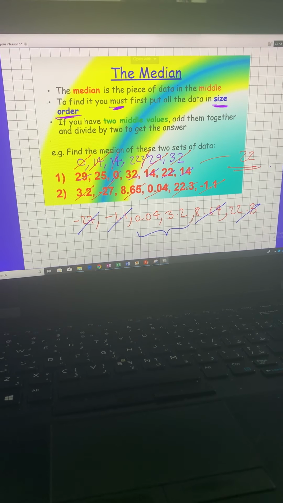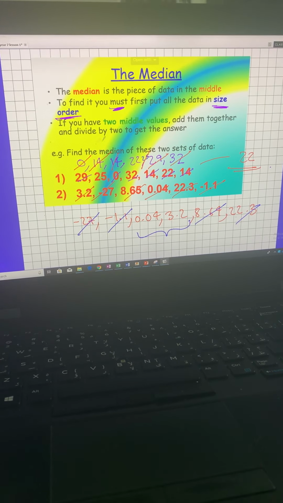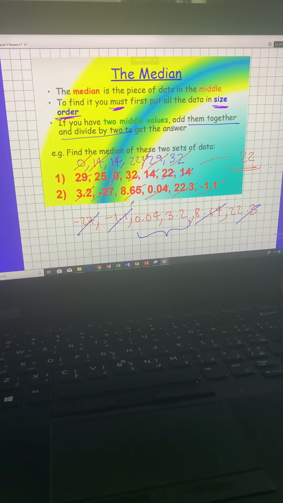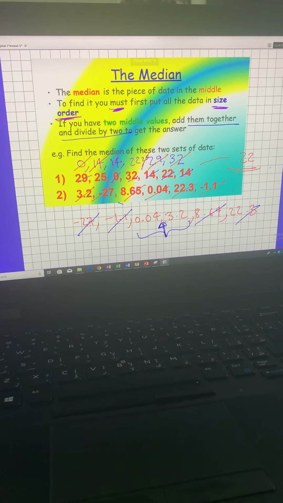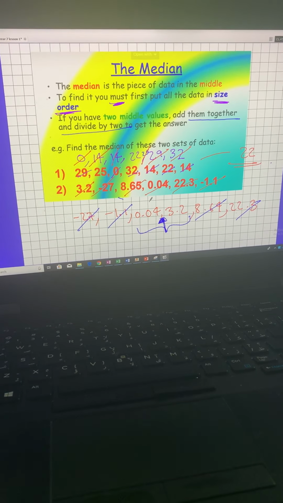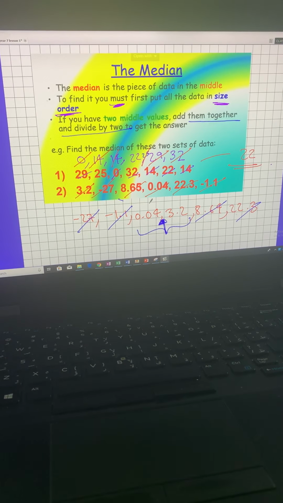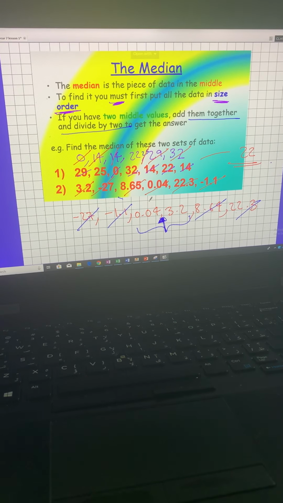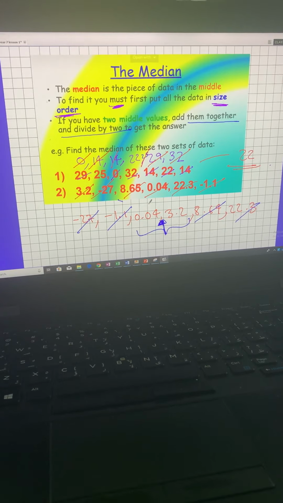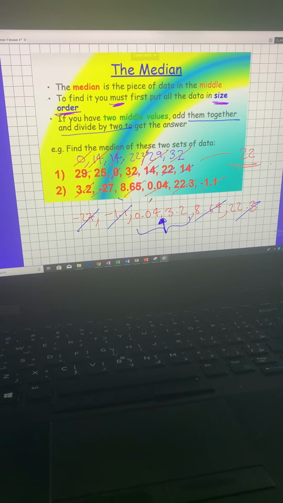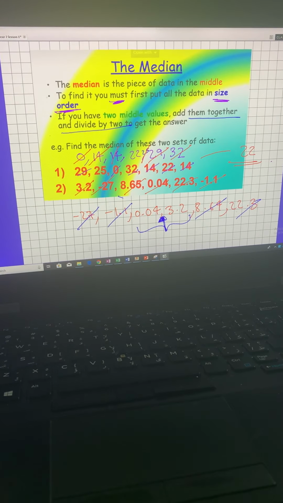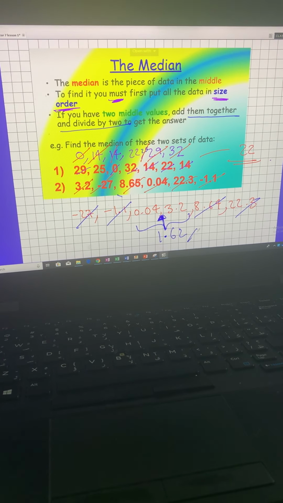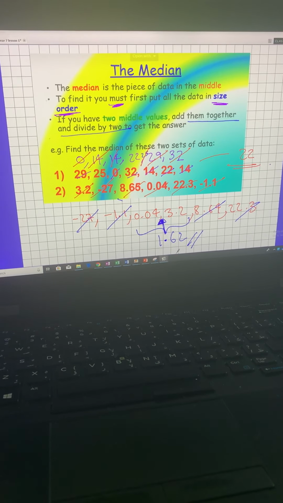Oh, you have 2 values. If you get 2 values, you add them together and divide by 2, like it says. So you want to find the middle number between 0.04 and 3.2. So 0.04 on my calculator plus 3.2 divided by 2 to get exactly in the middle. And the answer is 1.62. And that's how you calculate the median.